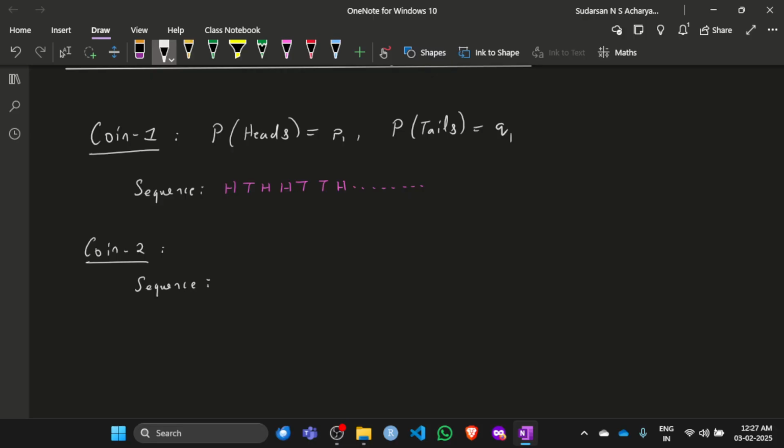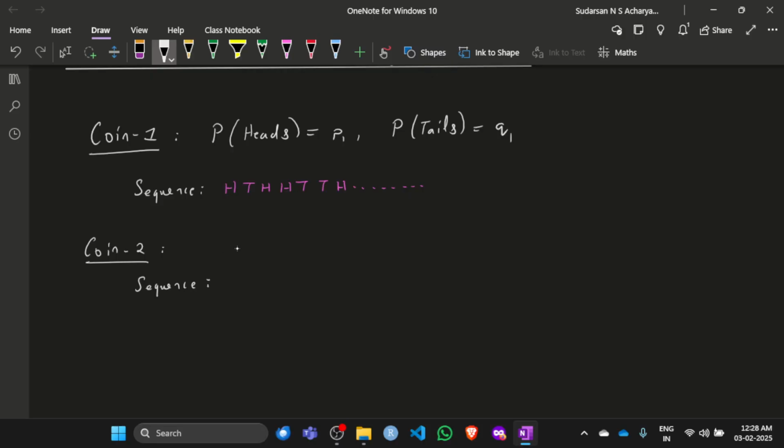So the question here is, how can we quantify the ability of your friend's coin to generate the same sequence as what your coin generated, right? If the distributions, meaning the probabilities, are similar, then there is a high chance that the sequence that you generated can also be generated by your friend's coin, right?